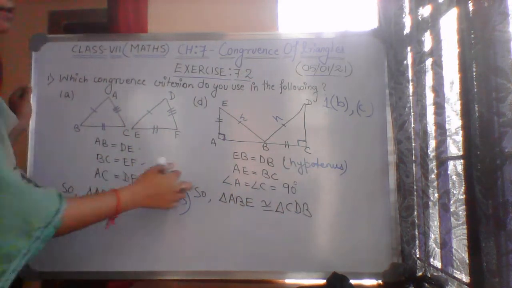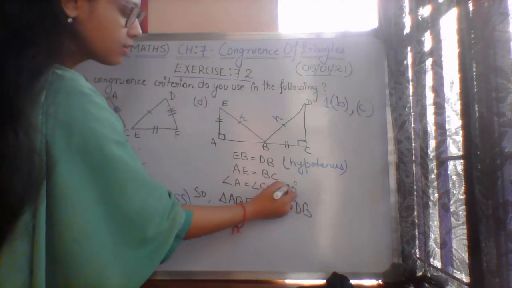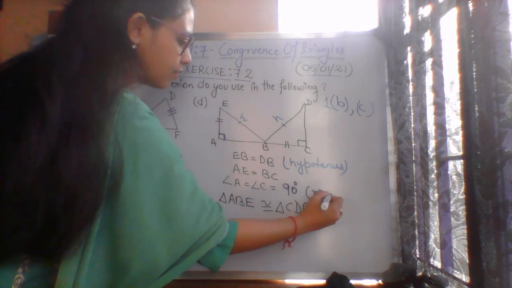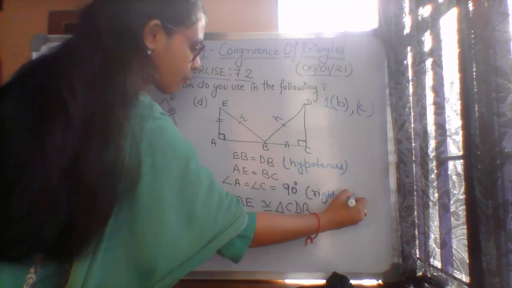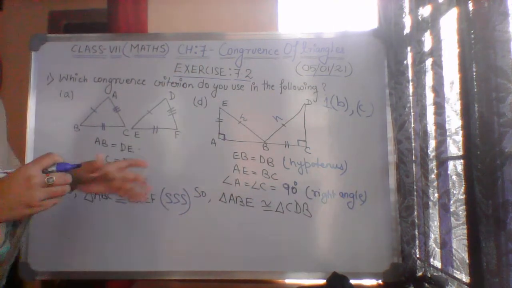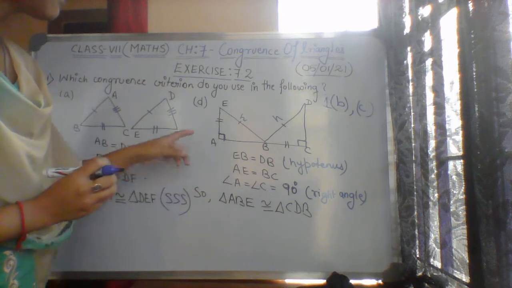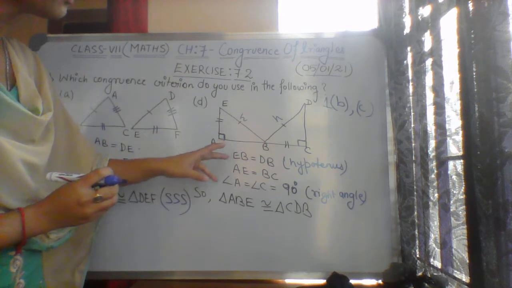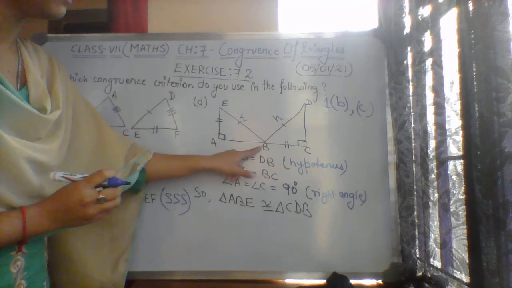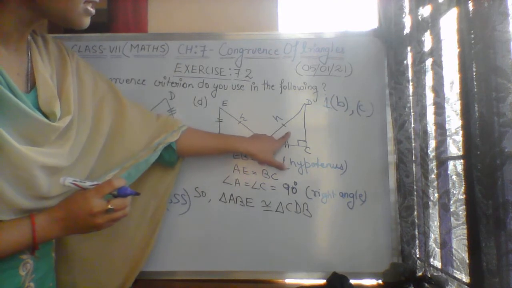Next, this is the right angle, already shown. This is 90 degrees, so this is the right angle. AE equals BC. Now these are the two triangles. They have a side other than the hypotenuse. What are the two sides they are having? EA and AB for this triangle, and DC and BC for this triangle.